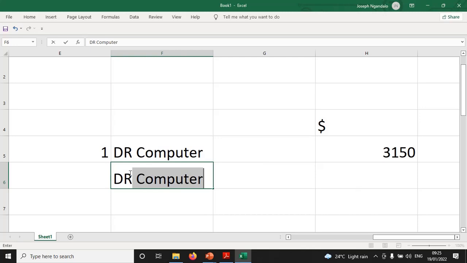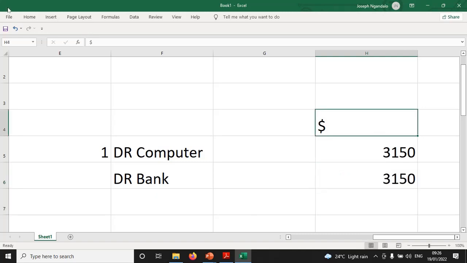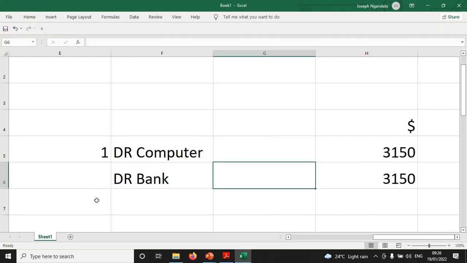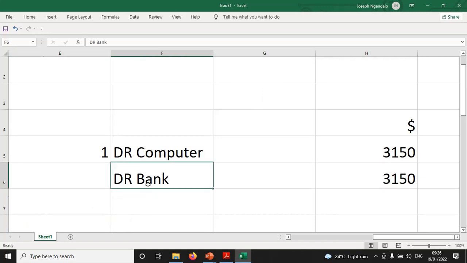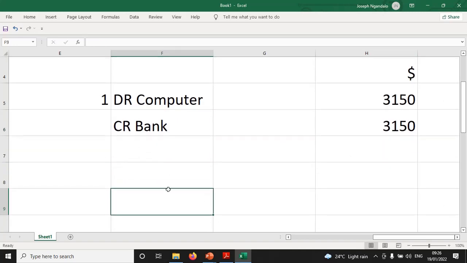Credit. Credit what? Bank. With how much? I hope you can see that. Okay? No, debit computer credit bank. Oh, I've included a D instead of a C. Okay, thank you very much for that correction.